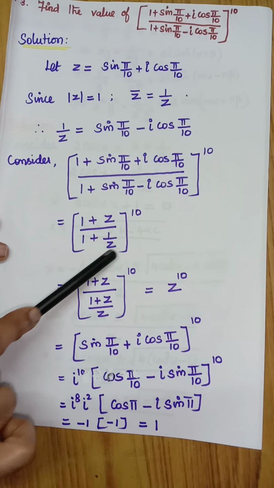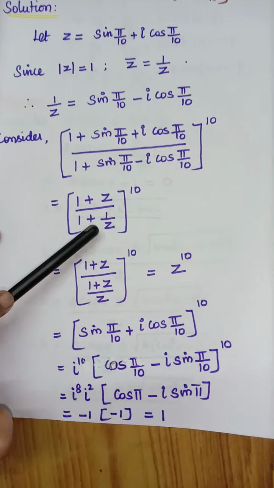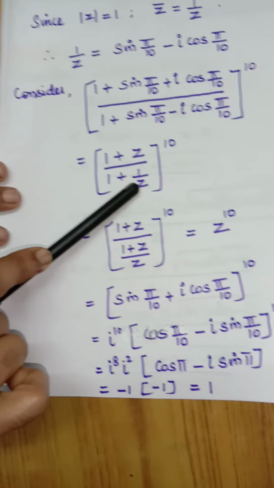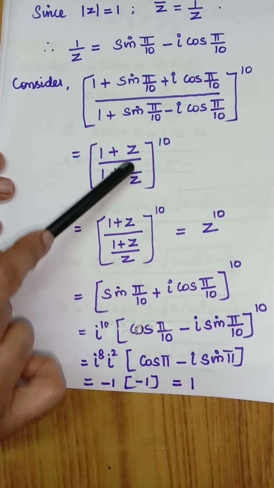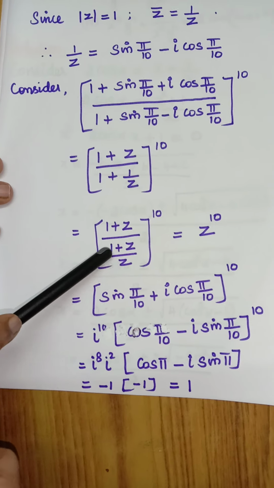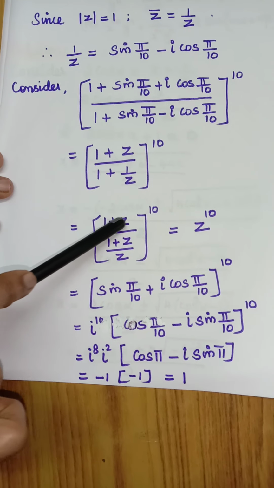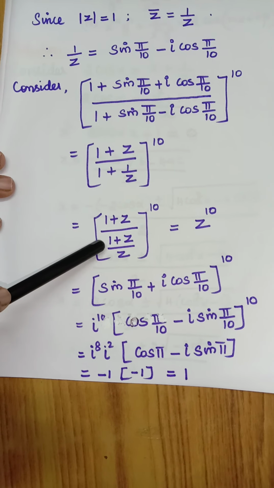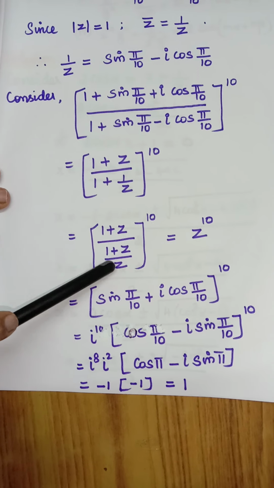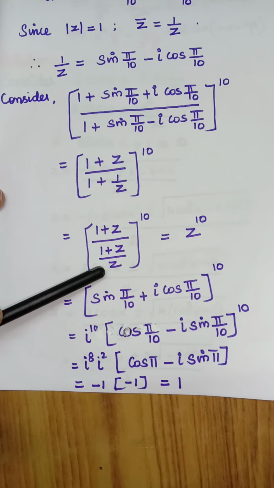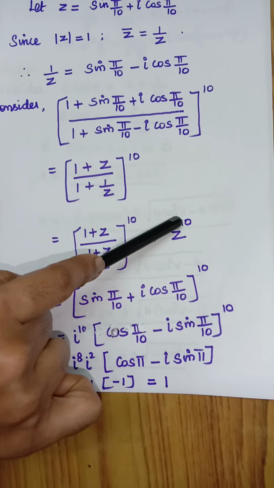So you have to take the LCM in the denominator. What will be the LCM? Z. When you cross multiply, it is Z plus 1, or 1 plus Z, both are the same, divided by Z. So this 1 plus Z and the denominator 1 plus Z get cancelled. This Z, which is in the denominator of the denominator, will go to the numerator. So it is Z power 10.